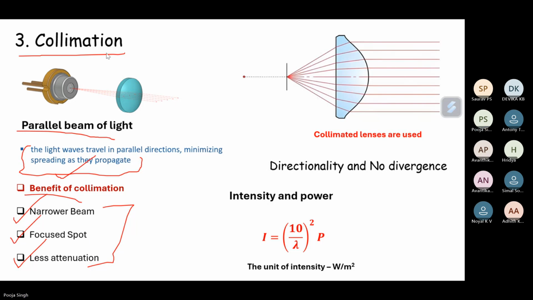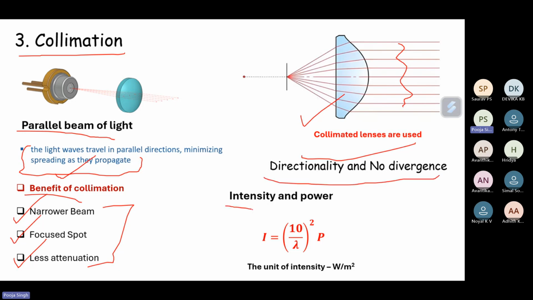Okay. Next is the collimated lens are used. So if you have to make parallel beams of the light, how can you make it? By using the collimated lens. Some optics principle they have used of using the lens, and they will be able to get the parallel beams of the light. So directionality and no divergence. Okay.